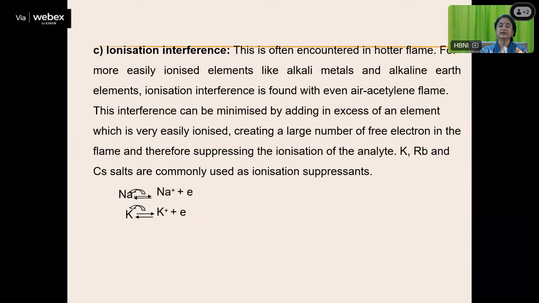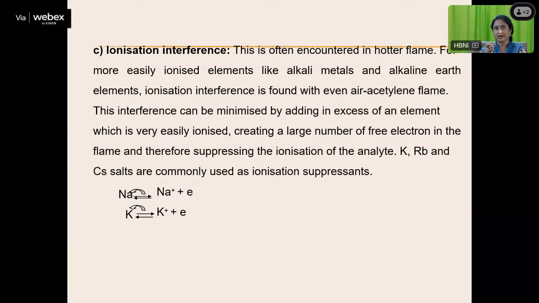Now, ionization interference. This is often encountered in a hotter flame for easily ionized elements like alkali metals and alkaline earth metals. You know that their ionization potential is very low. So at a temperature of 2500 degrees, they can very well get ionized, which means their valence electron is lost.